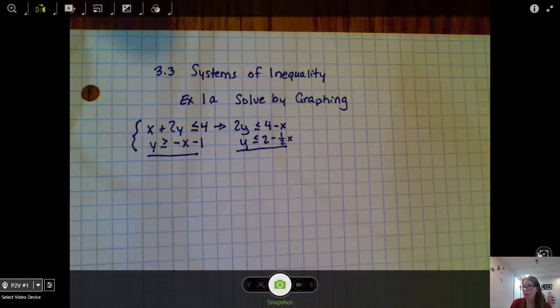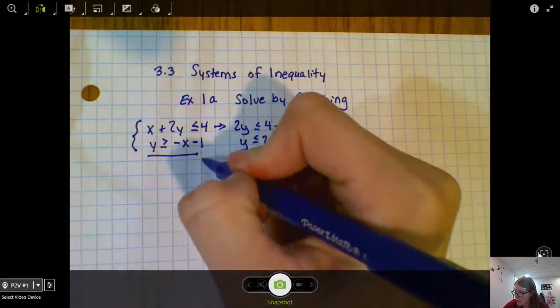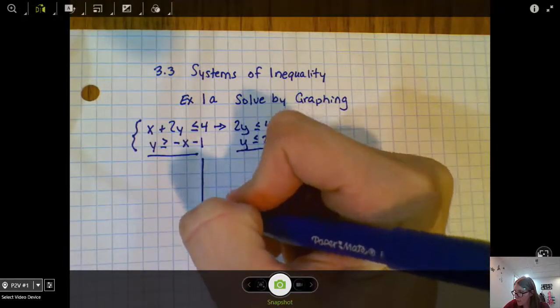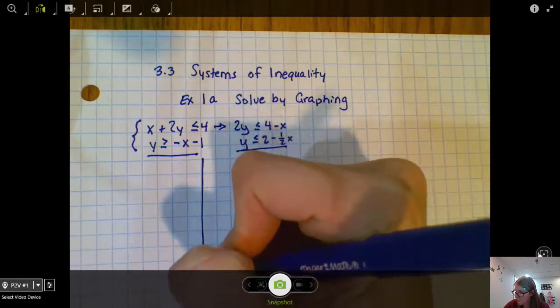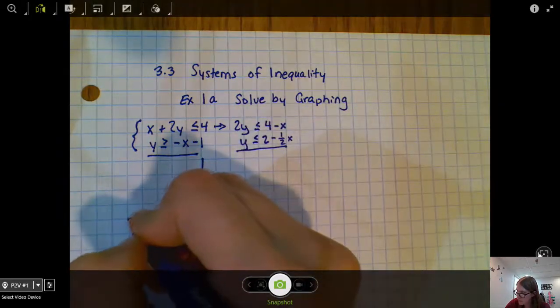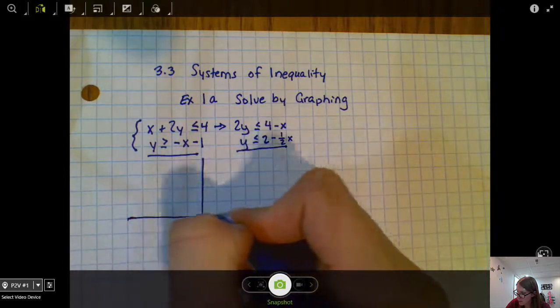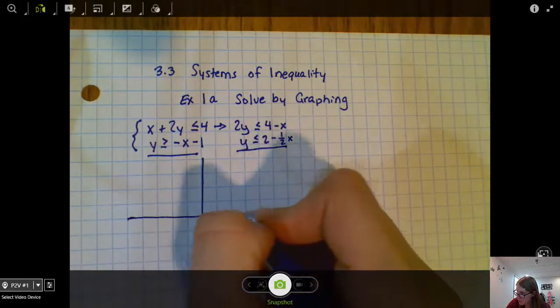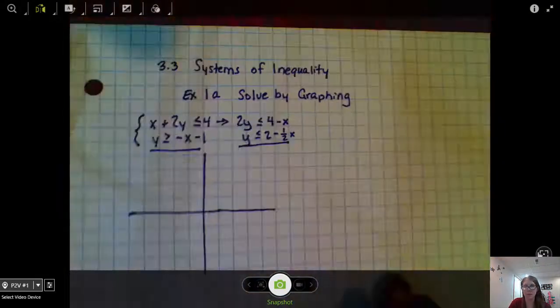When I graph my inequalities, we graph basically the same way that we would graph the equation of a line. Okay, and this should give me enough room.